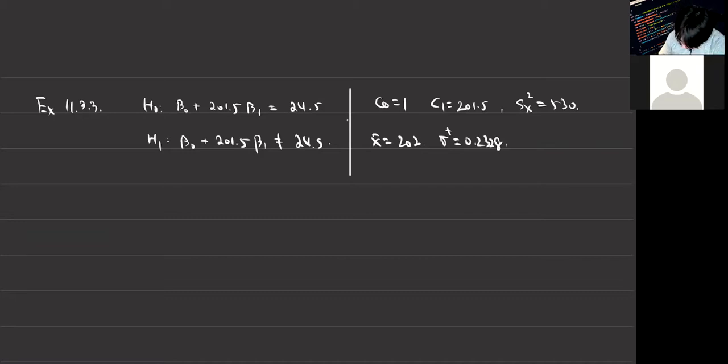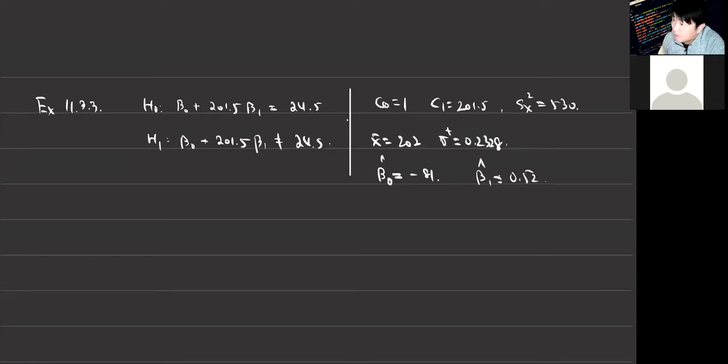And then on top of that, you have beta 0 hat to be, I'll just round up to the whole number, minus 81, beta 1 hat, that is going to be 0.52.